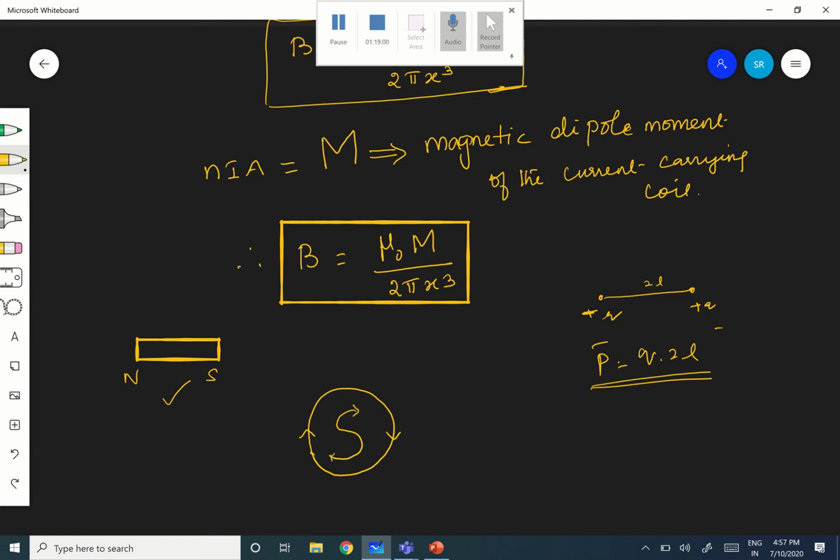The face which is facing you acts as a south pole. Then the opposite face will be the north pole. If it is in the opposite direction, that is, the anti-clockwise direction, then it acts as a north pole.